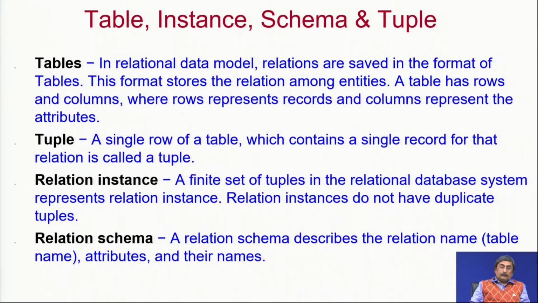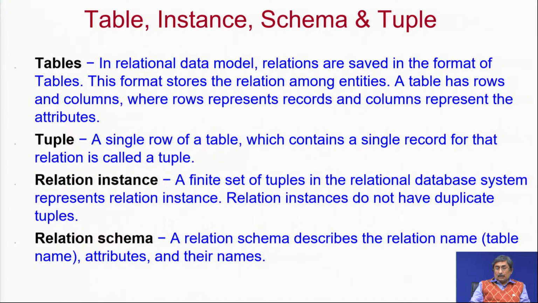For example, take the term table. In relational algebra or the relational data model, we call them relations, and in a DBMS we call them tables. A table basically stores information about one entity, and at certain points relationships themselves. Naturally, a table has rows and columns, it is a 2-dimensional table.